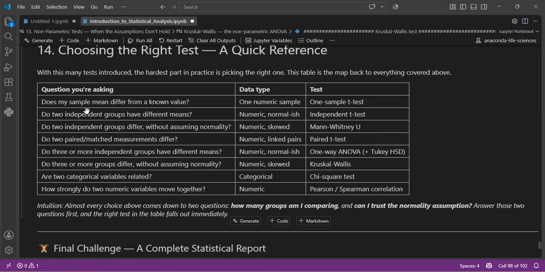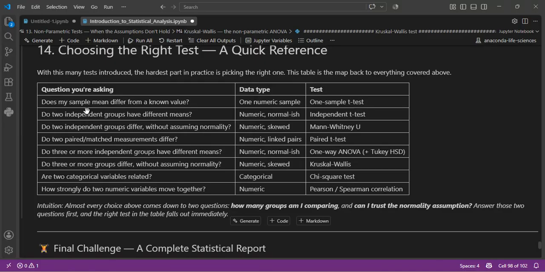Numeric paired data, paired t-test. Do three or more independent groups have different means? Numeric. When it is normal, you use ANOVA. When it is skewed, you use Kruskal-Wallis.